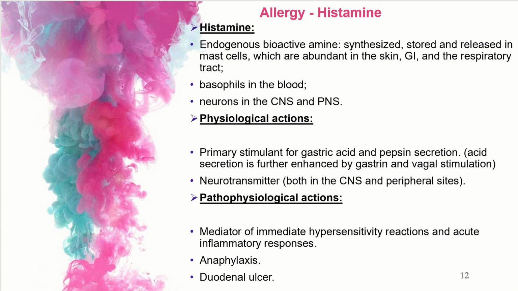Basophils as well, it's synthesized there in the blood, and it's a neurotransmitter in the CNS and the PNS. In terms of the physiological actions, it's a primary stimulant for gastric acid and pepsin secretion. And as I mentioned already, it is a neurotransmitter in both the PNS and the CNS. For the pathophysiological action, it's a mediator of immediate hypersensitivity reactions and acute inflammatory responses.